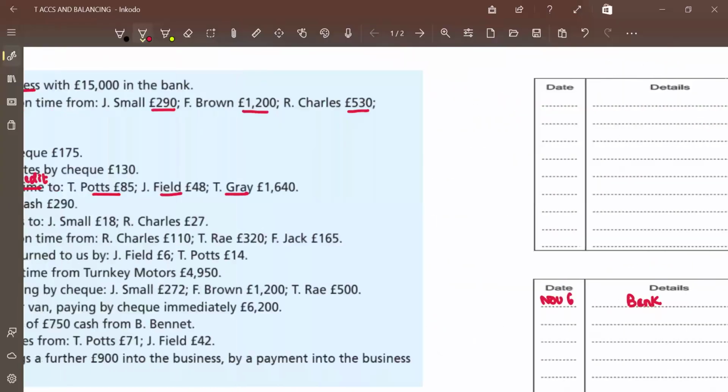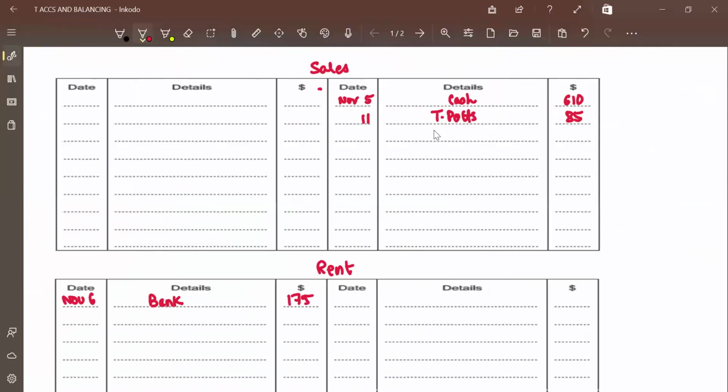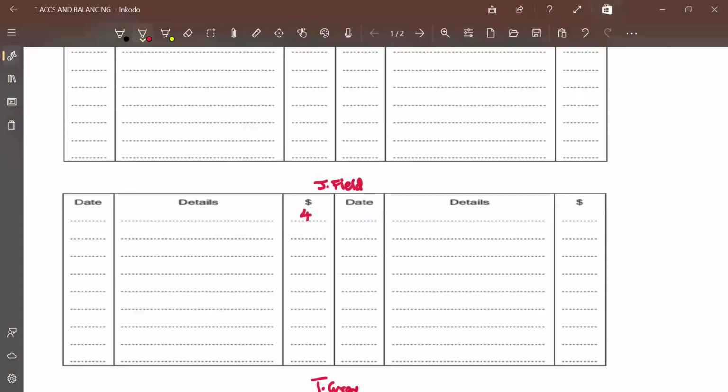This was Teapots. Then we talk about J Field, that's $48. This is on the 11th of November. You don't have to write down the day again even, okay? And J Field is debited by $48. And why? Because of sales on the 11th of November.